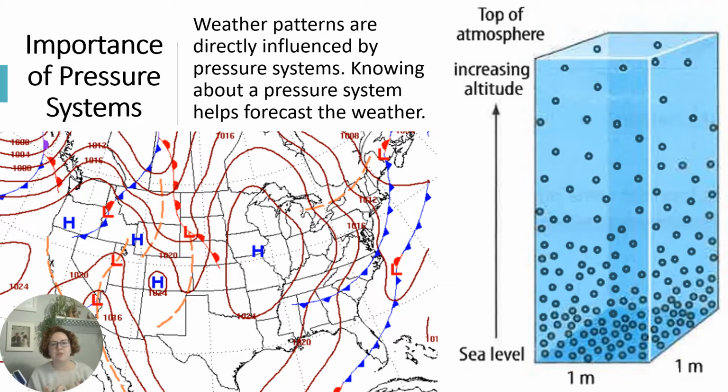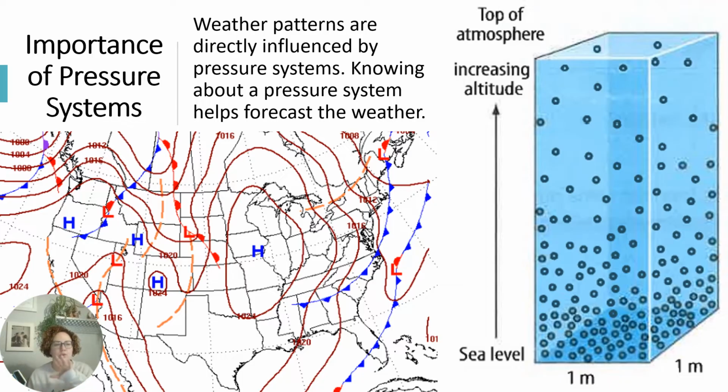Weather patterns are directly influenced by pressure systems. Whether it's a high pressure system or a low pressure system, knowing about them can help you forecast the weather. When we're talking pressure systems, we are essentially talking air pressure.